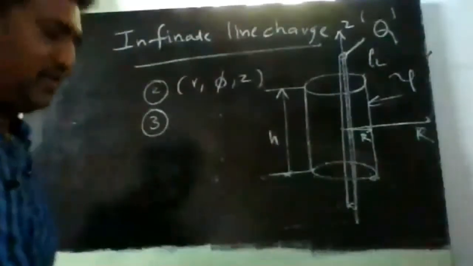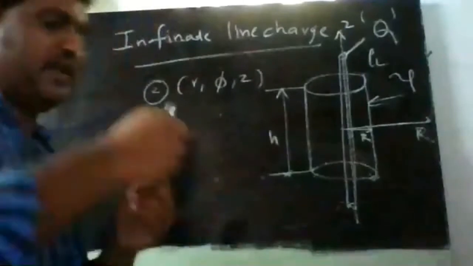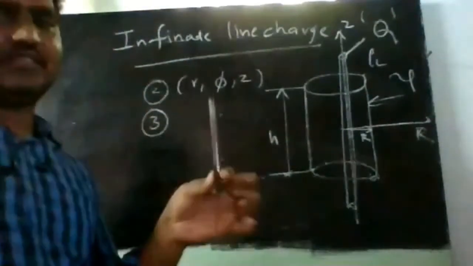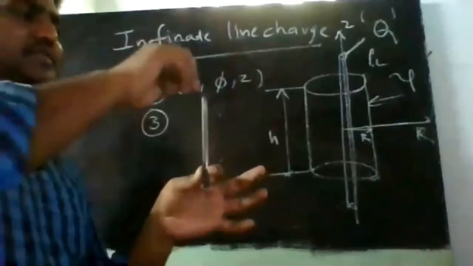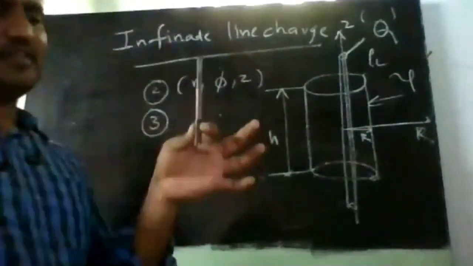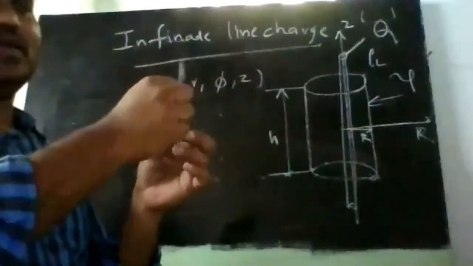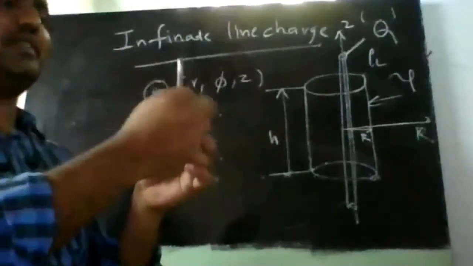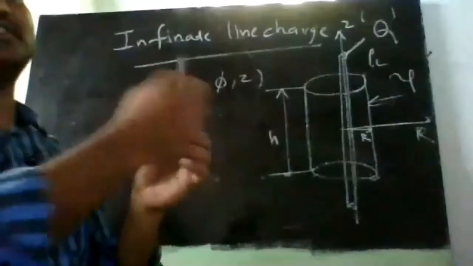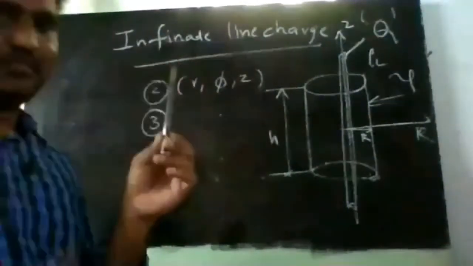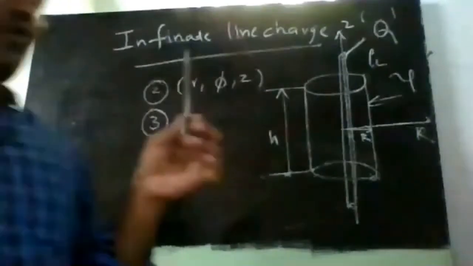For a cylinder, let's say the pen is a cylinder. The cylinder has three planes. Correct. What are the three planes? One is the top plane, other is the bottom plane, and the side plane. We cannot consider four, because this is not a rectangular box, it's a cylinder, so this side is only one. Understood?